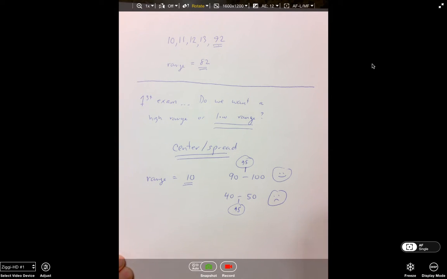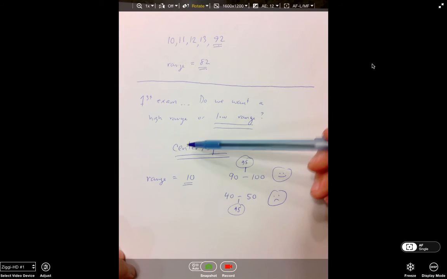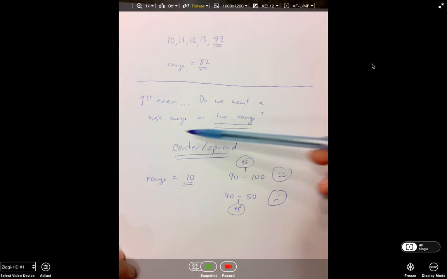So guys, from here on out, it's not all about the mean and the median. It's not all about the range and some other things I'm going to teach you. It's about putting these two things together to come up with where our scores are centered and how much spread or variability or consistency we have in those scores around the center.